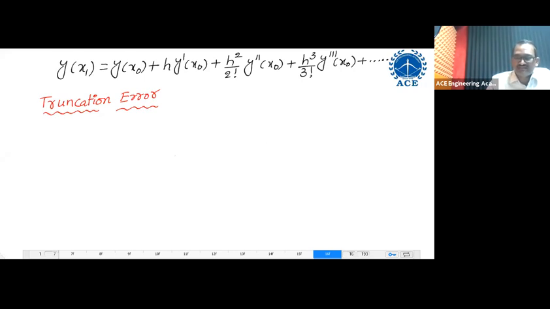Truncated means cut. When an infinite series is truncated by a polynomial, then a little bit of error will be generated. That error is called truncation error. Don't worry, I will explain this truncation error with an example.